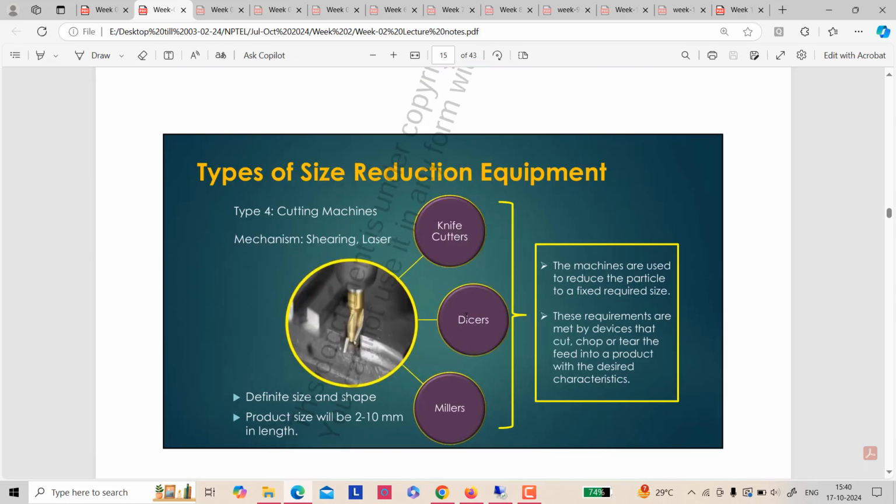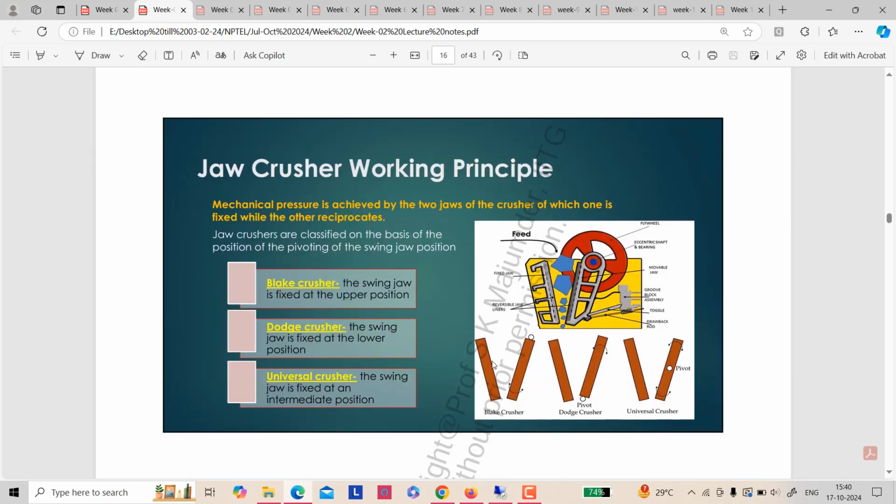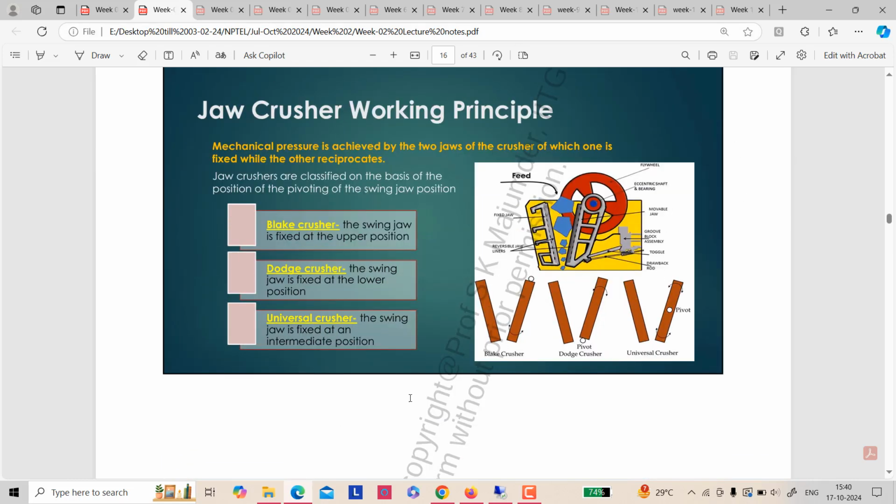Finally, the cutting machines, where they use shearing and laser. Here the feed size has a definite size and shape, and the product size will be in the range of 2 to 10 millimeter in length.